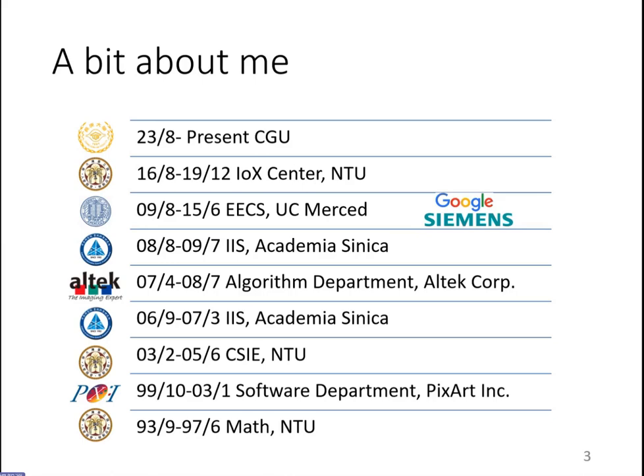I went to another company in Hsinchu Science and Industrial Park. Then I went to Academia Sinica again as a research assistant. Then I went to UCSF to join a PhD program. Then I went to the Iowa Center at the National University as a postdoc researcher. And then I came here.